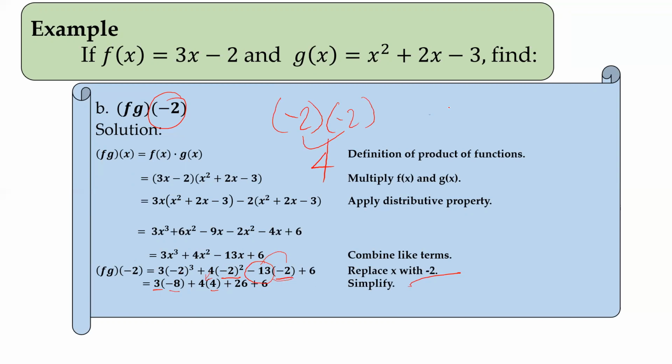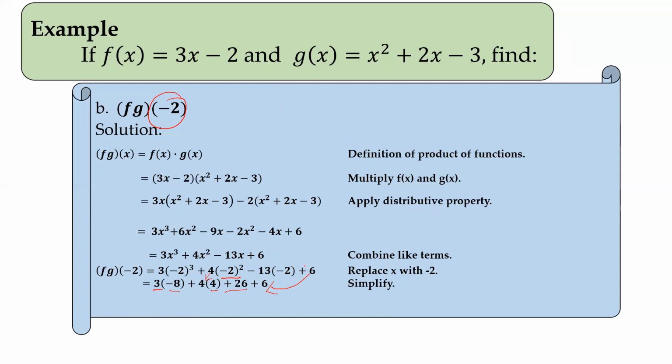So, si negative 13, multiply natin kay negative 2. When we multiply negative, the result is positive. So, 13 times 2 is 26. Positive 26. Therefore, the answer is plus 26. Alright? And then, we will just bring down positive 6 kasi wala naman siyang kailangan na i-perform na operation specifically dyan na part.